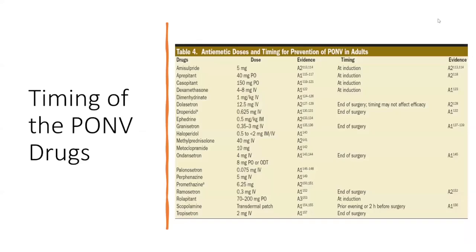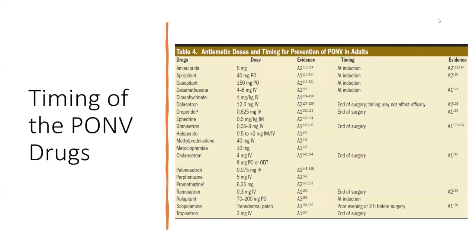In terms of the timing for your postoperative nausea and vomiting drugs, I'm not too sure if it's projecting very well, but basically your dexamethasone is given at induction, and then your ondansetron, which is the one that we commonly have, is given at the end of surgery. The scopolamine is given the evening prior or 2 hours before the surgery.